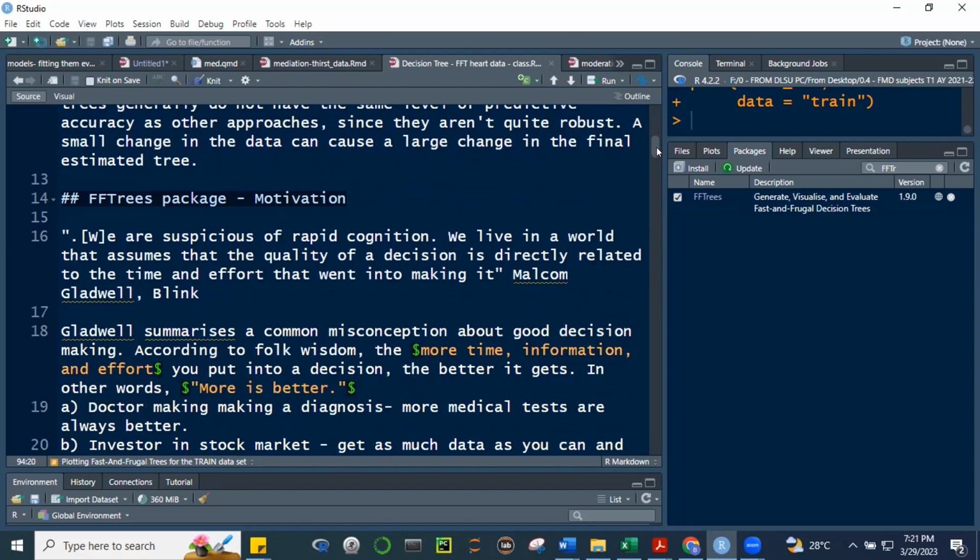Now, that is very consistent with the common belief that as far as good decision making is concerned, the more the better. Yun ang common accepted fact. The more the better. More data, better. More time to process your data, it's better. More information you have, better. So more is better. Yun ang folk wisdom.